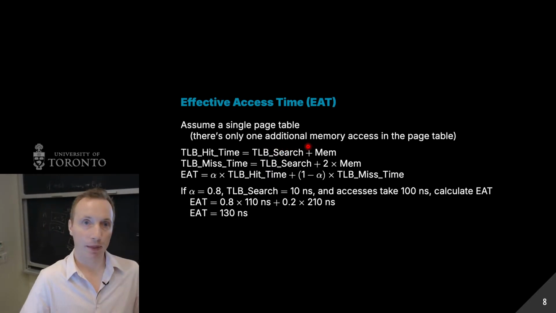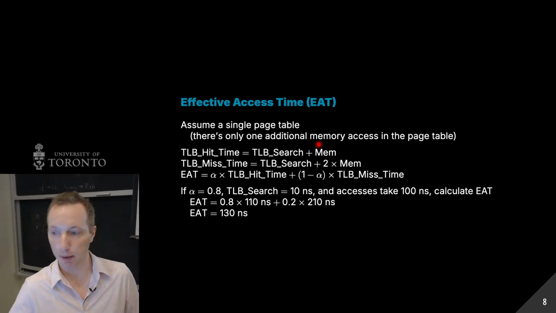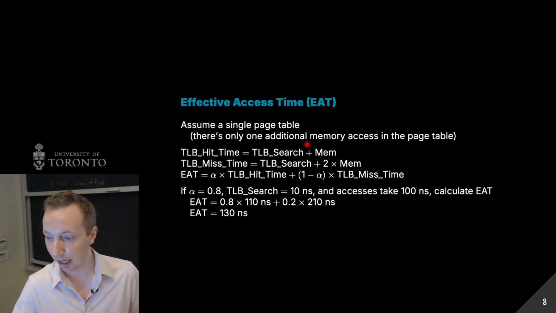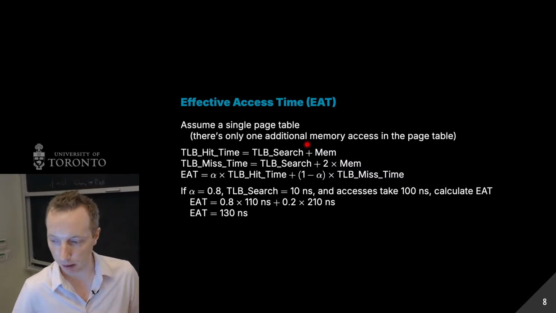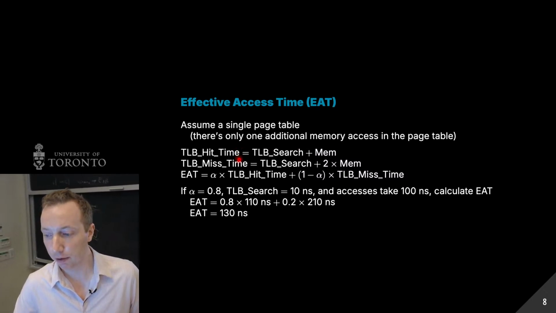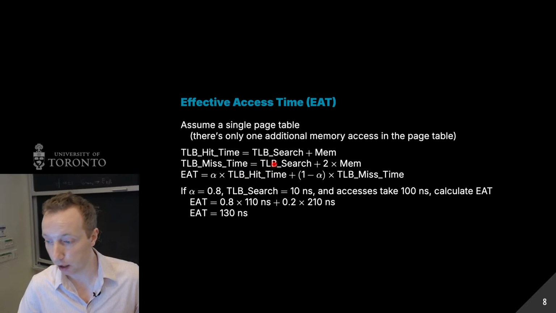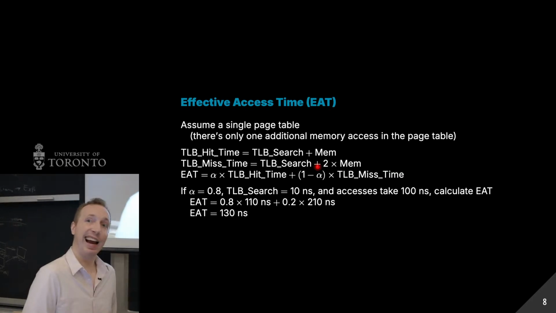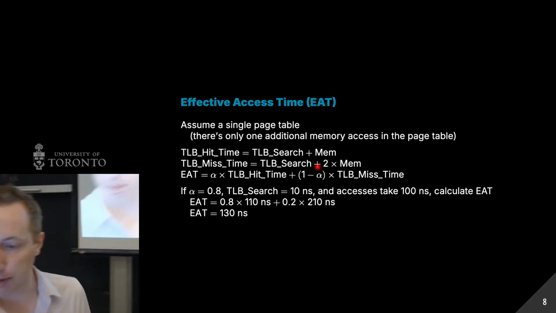And then that would tell us the physical address to use, and we can just do our normal memory access. So if there's a hit, we basically add a little bit of extra time as opposed to just using raw physical memory. If there is a miss, then we still have to search the TLB, and then it would not find it. And then we have to do as many memory accesses as we need to be able to translate this and then do the original memory access.